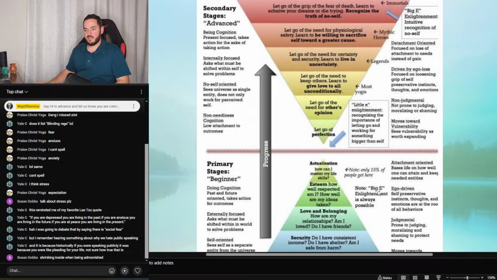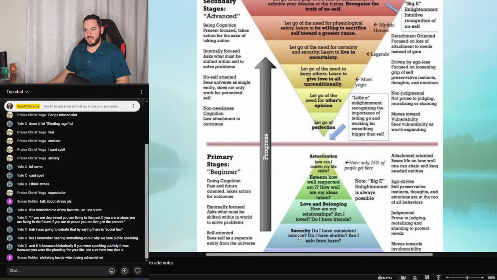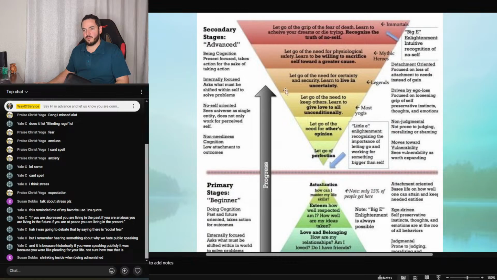And then we take the next level, which is, do I have consistent income? Do I have shelter? Am I free from harm? And then we let go of the need for certainty and security and learn to live in uncertainty. And you can see here, he has this little note: only 15% of people get even to this lower level, this highest level of Maslow's hierarchy of needs focused on the physical world. And then less than 15% enter this spiritual perspective.